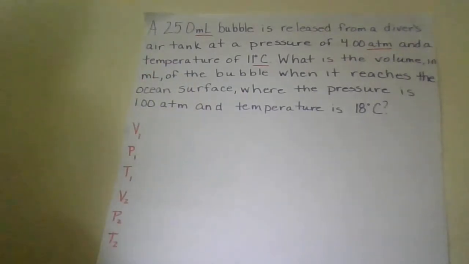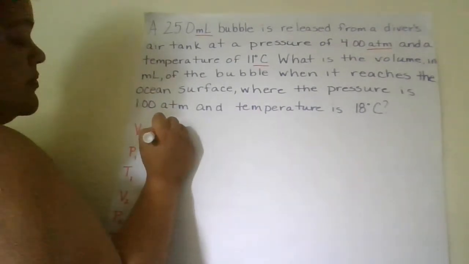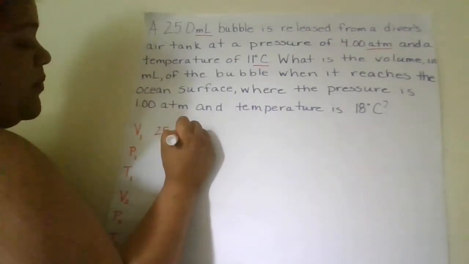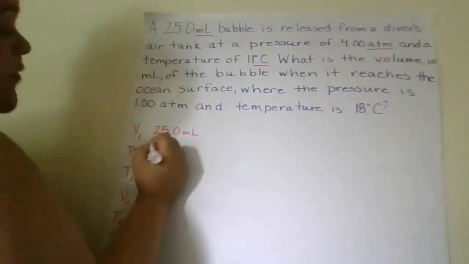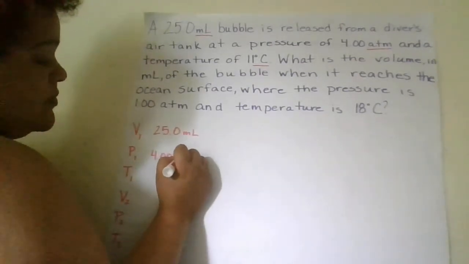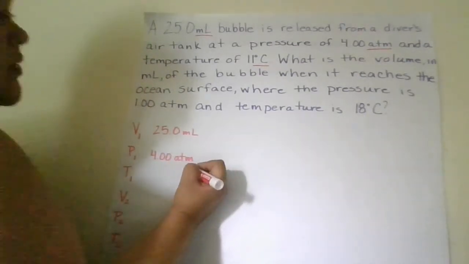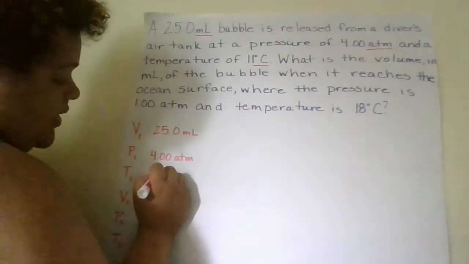So V1 is 25 mLs, and that's directly from the problem. We have a pressure of 4 atms, and a temperature of 11 degrees centigrade.